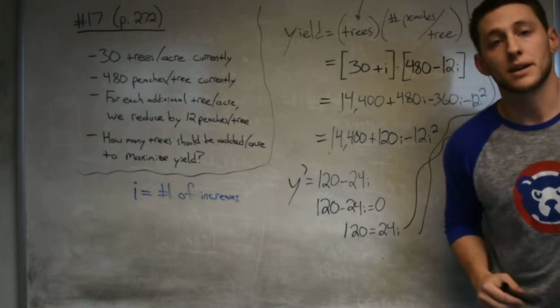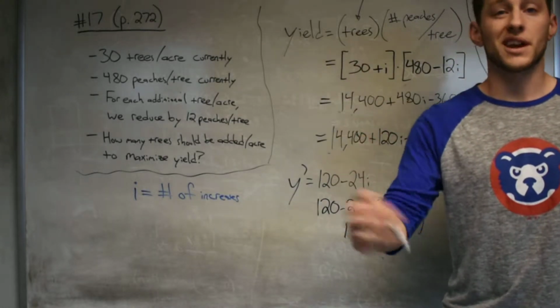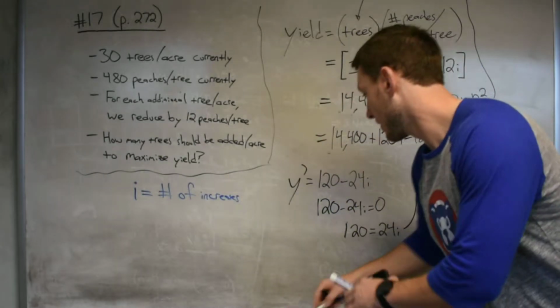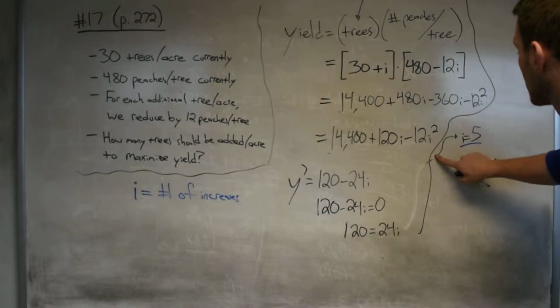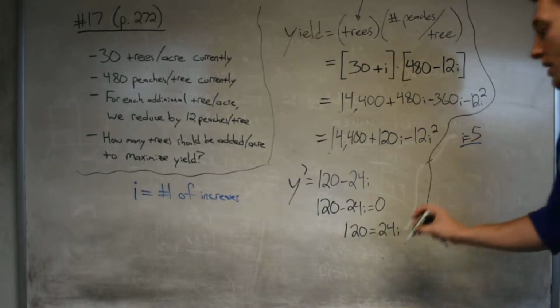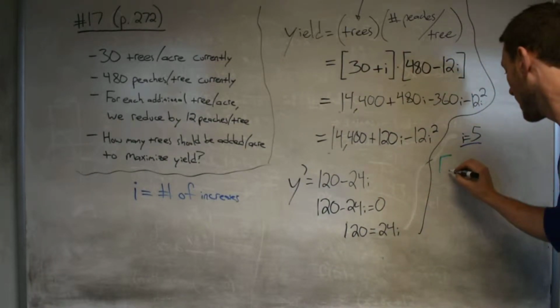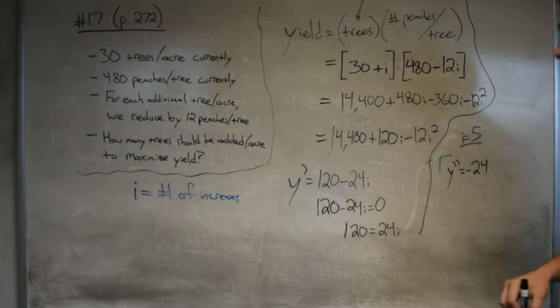Now how do we know that's an actual maximum? Good question. We can either do the first derivative test or we can do the second derivative test. If we do the second derivative test, which I'll go ahead and box in green right in here, I'll box the second derivative right here, y double prime. That's just negative 24.